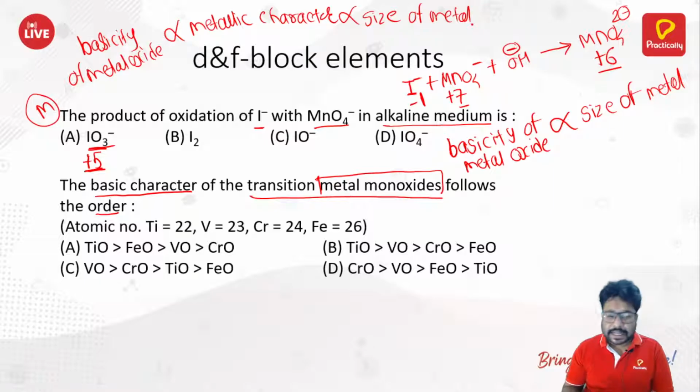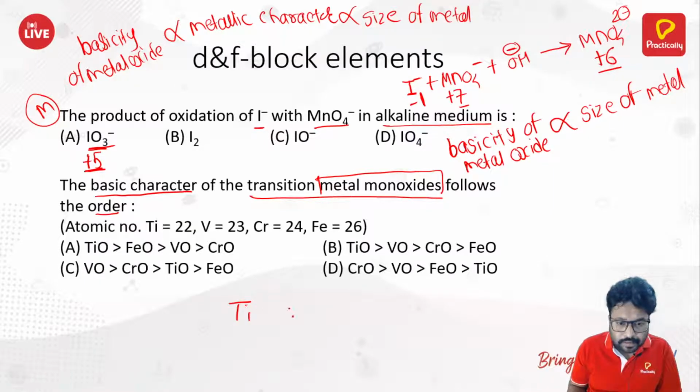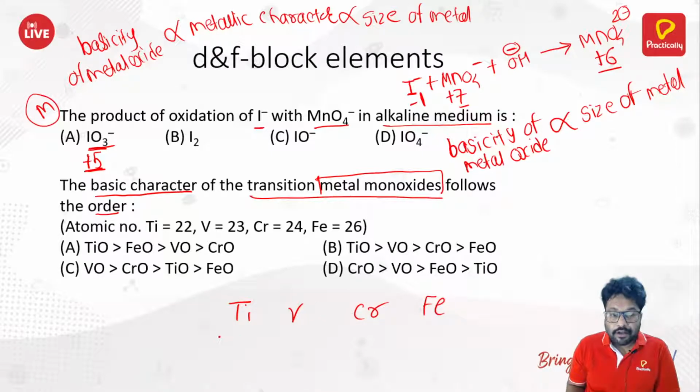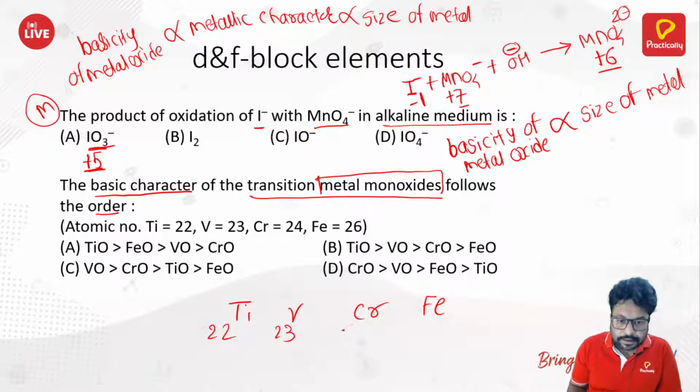Okay. As far as these elements which have been given here are titanium, vanadium, chromium, and iron are concerned, atomic numbers are given as 22, 23, 24, and 26. So basically here you are going from left to right.